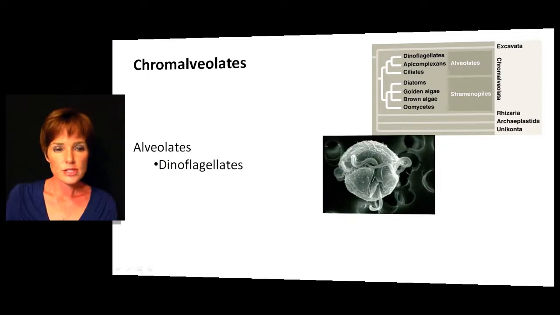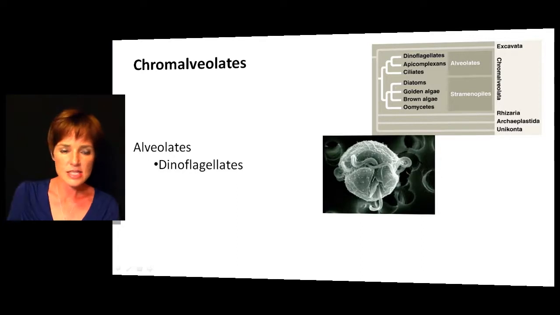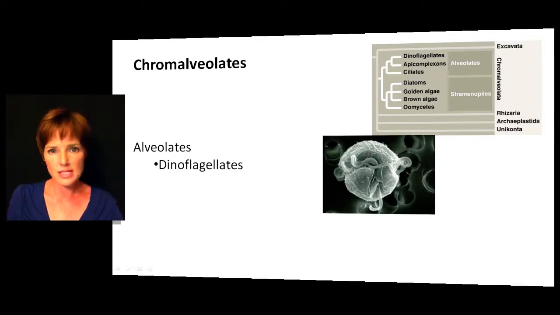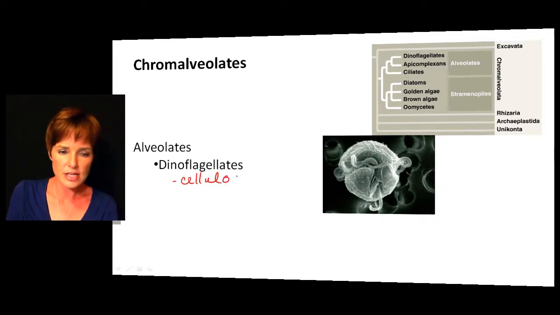So the first ones are the dinoflagellates. The dinoflagellates have kind of a unique look to them because they have this armor that makes up the outside of them. This armor is made up of cellulose, so they have cellulose plates that surround them. Another thing about them is that they have these little flagella, which you're seeing here.